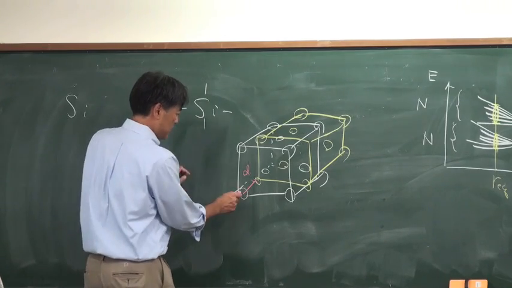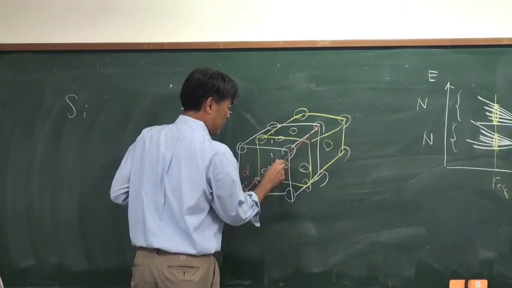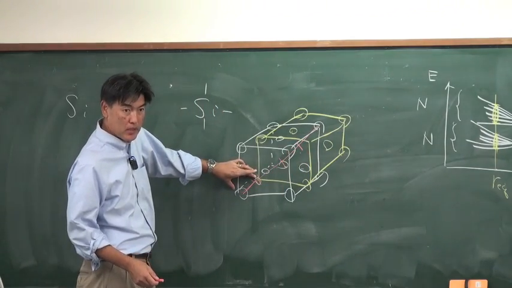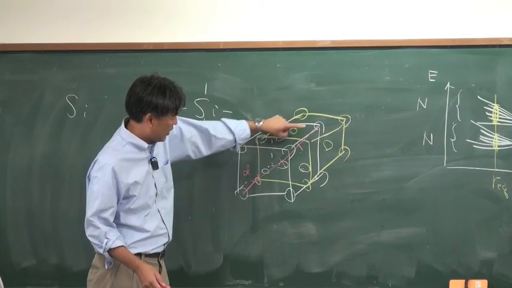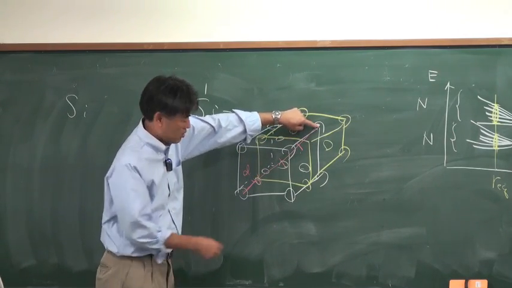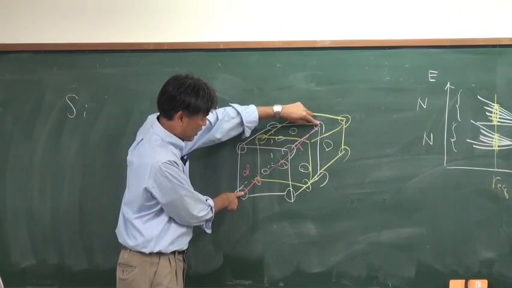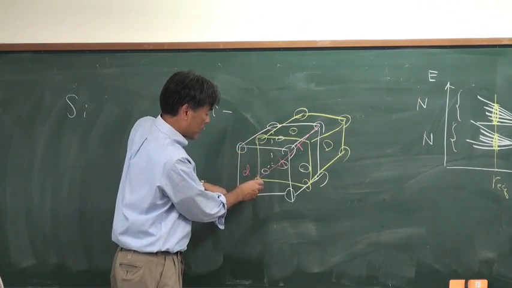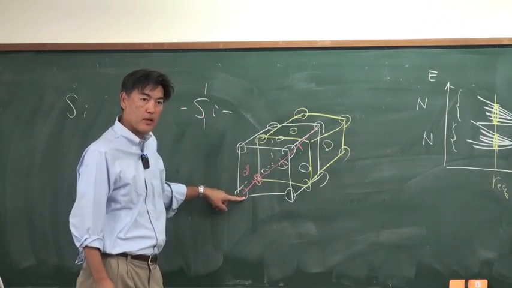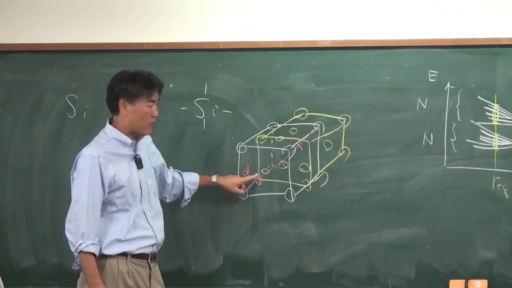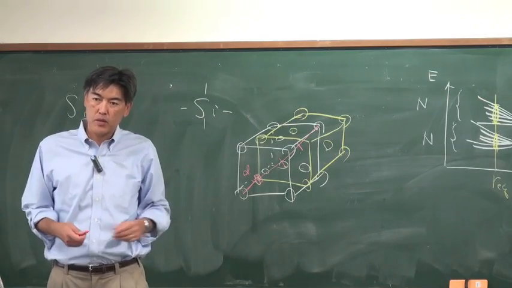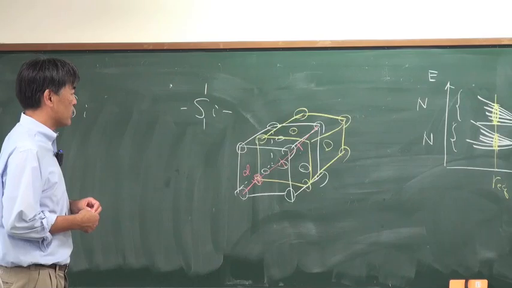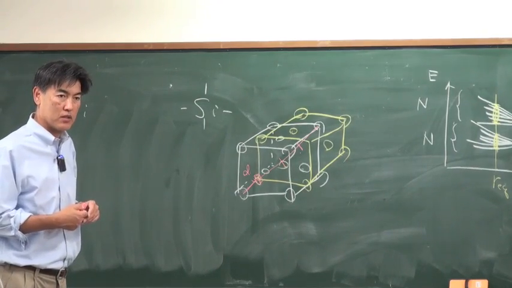In fact, this displacement D is exactly one quarter of the diagonal between here and this atom. If I draw a line between this atom and this atom, divide it into 4, put one atom at this 1/4 point, and use it as an origin to form a face-centered cubic, then you get a superposition of two face-centered cubics, which represents the diamond crystal.